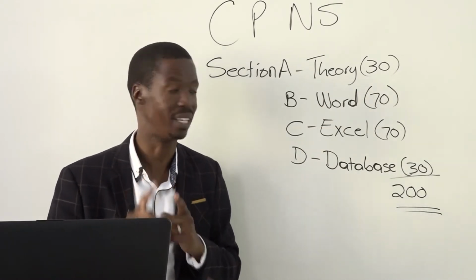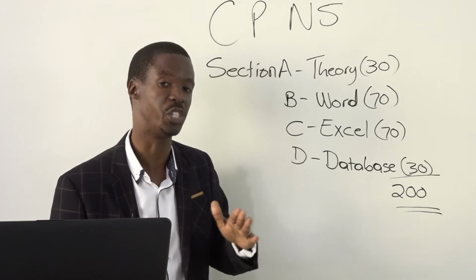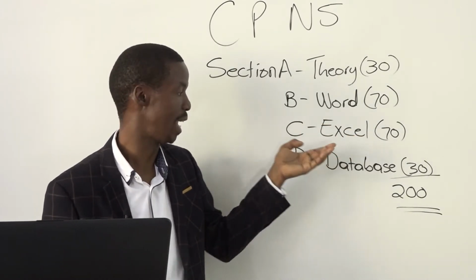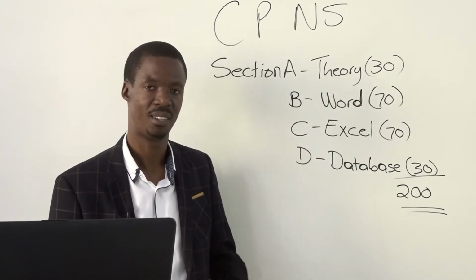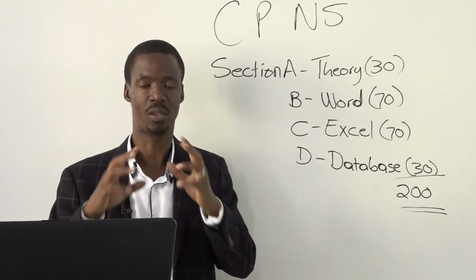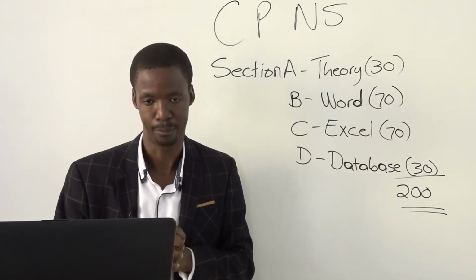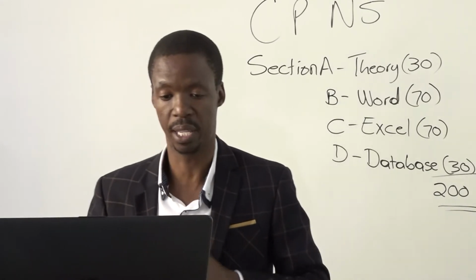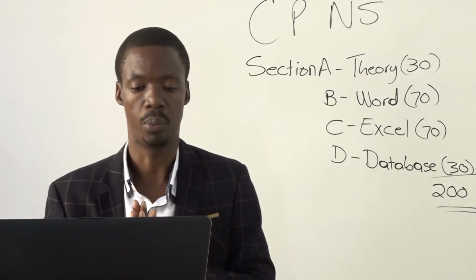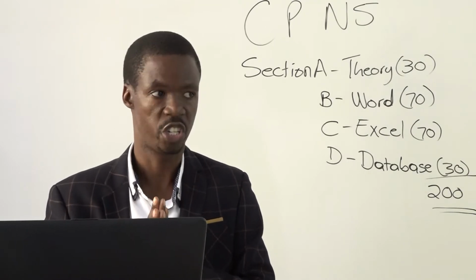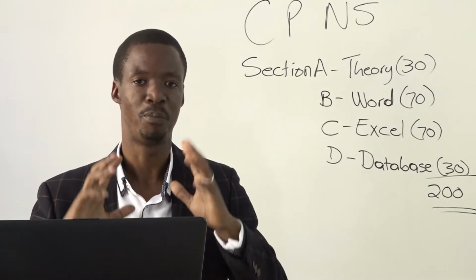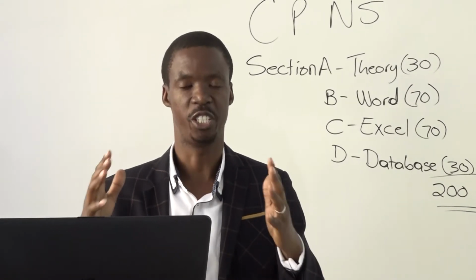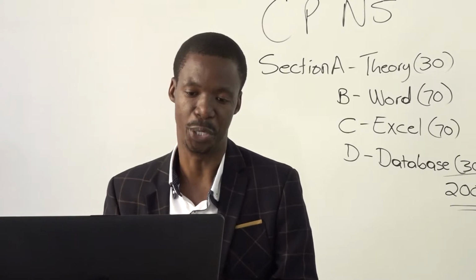So my advice, please pay more attention to section B, your Word, and section C, your Excel, because as you can see, they have more marks. Now, I want us to look at section B today, as we will be doing what we call mail merge. Mail merge is one of the easiest topics in your section B, your Microsoft Word.